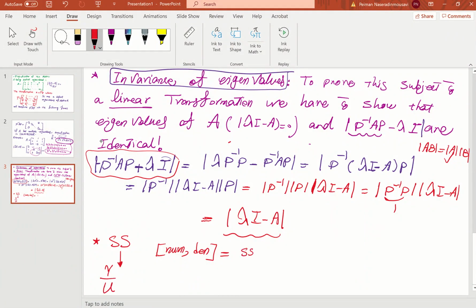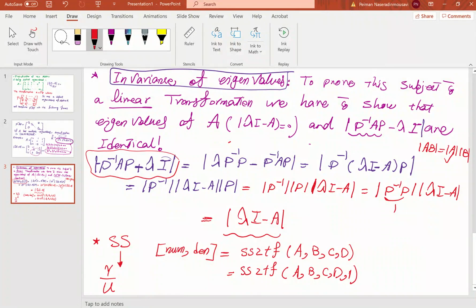It's ss2tf when you give A, B, C, D, or sometimes we write the state space to transfer function of A, B, C, D, as your system is single input, single output. Understand? So these are other things that you have to know.